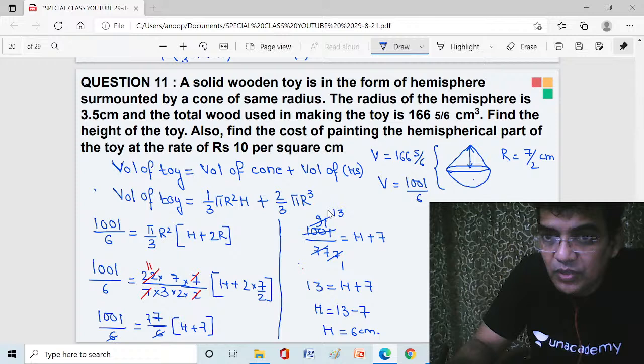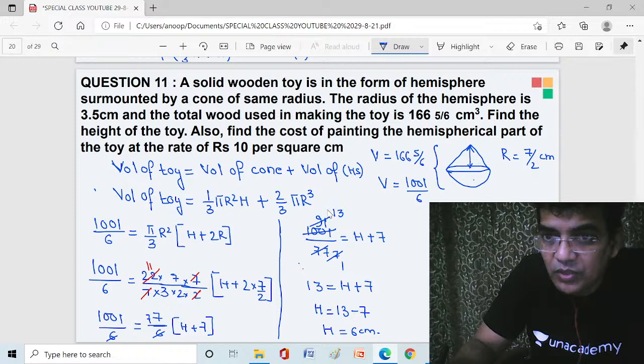Total height of the toy. Now you can see the toy is composed of these two. Total height will be height of the conical portion plus this radius. So that will give you the total height.